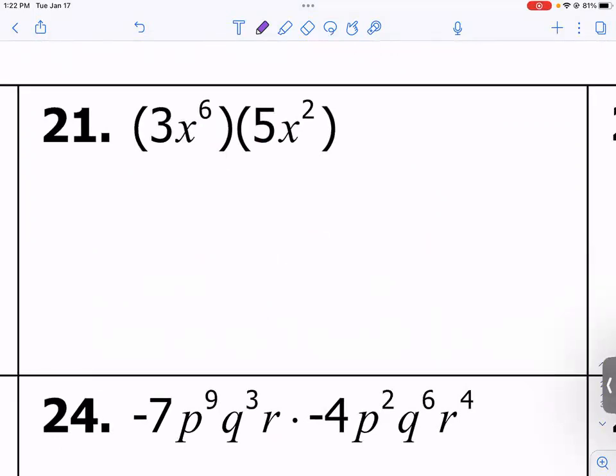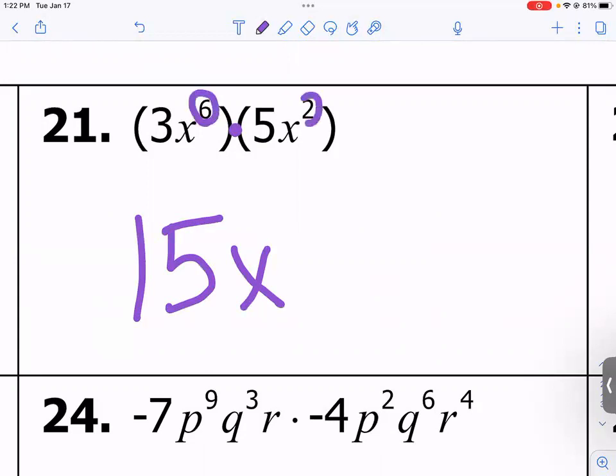Write down what you just think this answer is going to be. Just write down what you think. Okay, what's 3 times 5? Did you write down 15? Yes. That's good. Then if we're multiplying x to the 6th times x squared, we are going to add those exponents together.